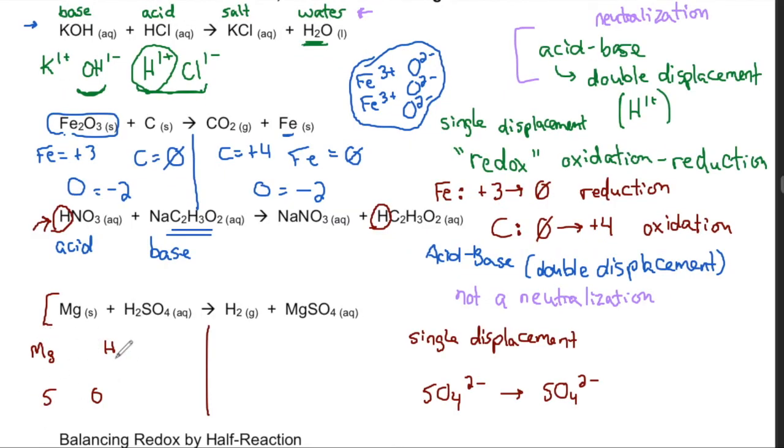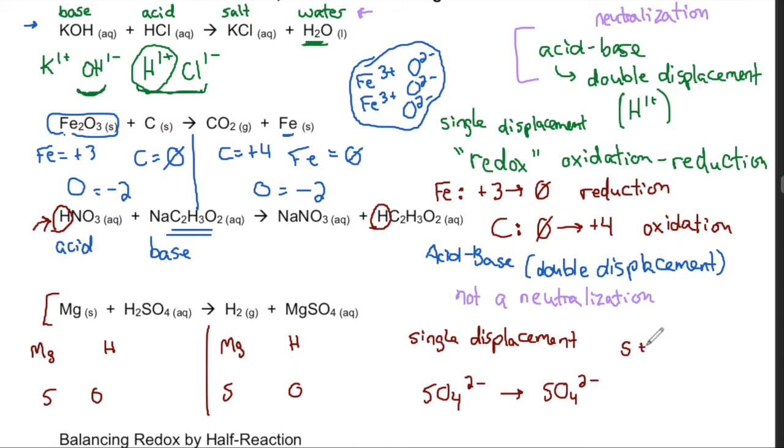I listed all the elements on the left side; they are also on the right side. I wanted to point out that the sulfate ion is not changing over the course of this reaction. So those elements are not undergoing oxidation or reduction, but let's figure out the sulfate oxidation numbers for good practice.